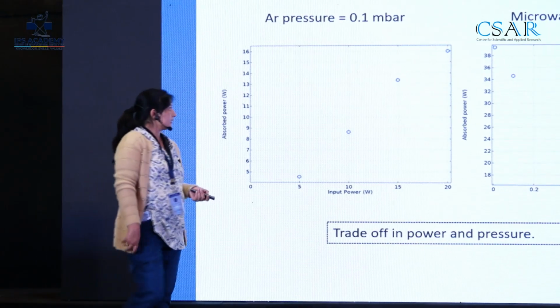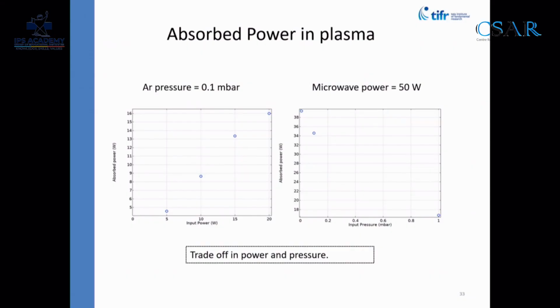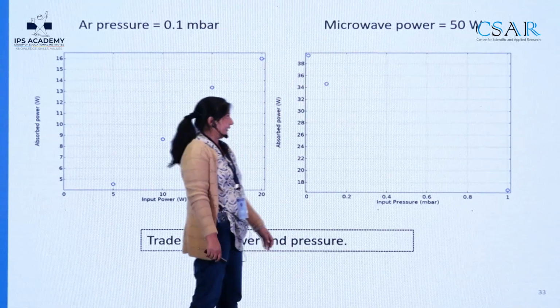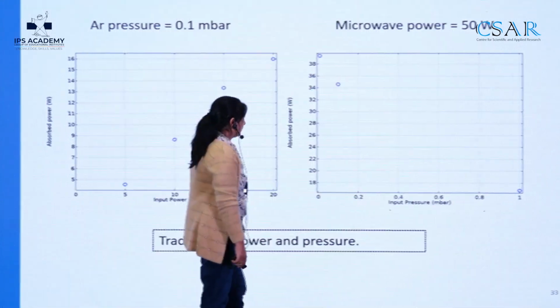Then the next case is to go down in pressure to move the plasma out of the ionization region. Going down in pressure creates a problem in power coupling, and I saw that at 0.01 millibar, meaning I reduced the pressure 10 times, I had to increase the power 10 times, to 50 watt, to achieve good coupling.